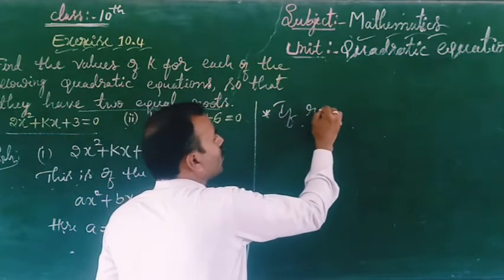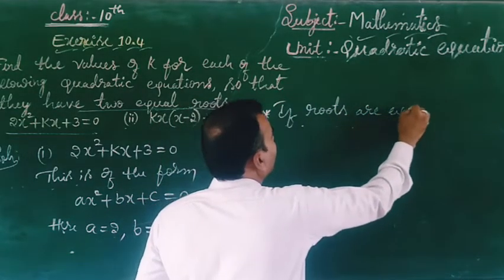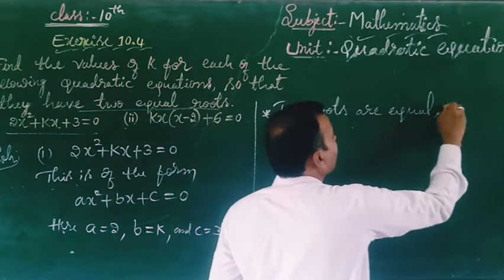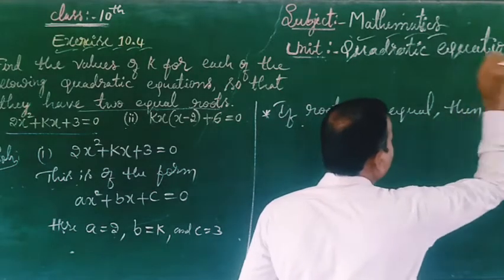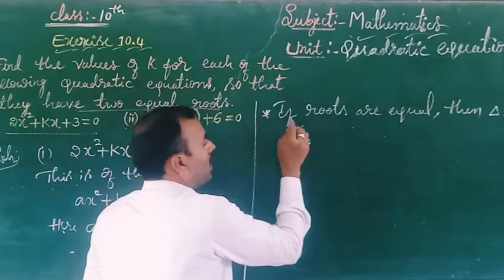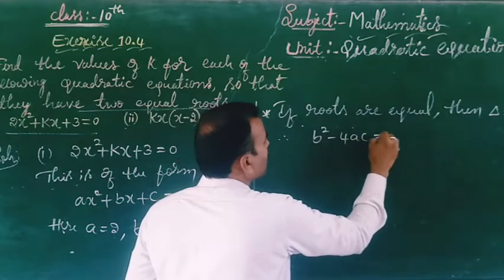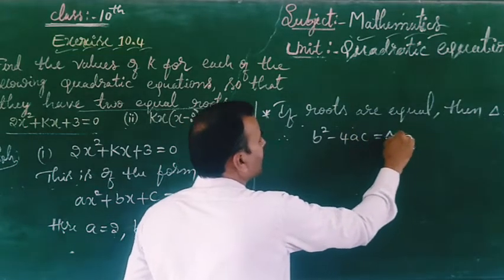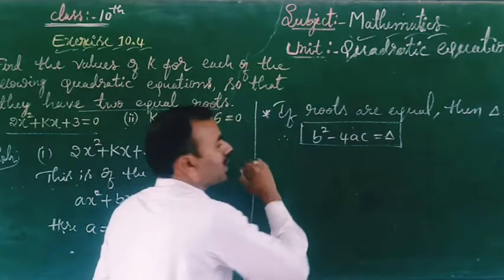If the roots are equal, then delta is equal to 0. This is the condition. Therefore, b squared minus 4ac is equal to delta, the discriminant.